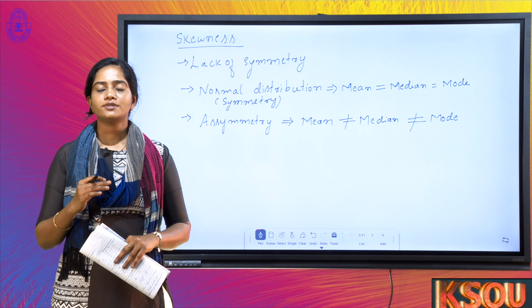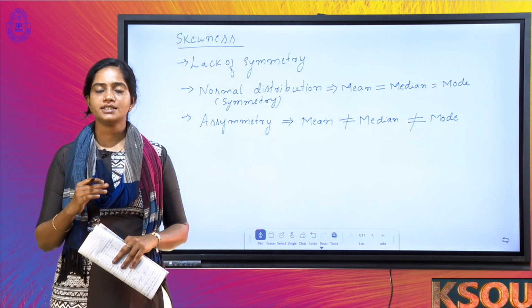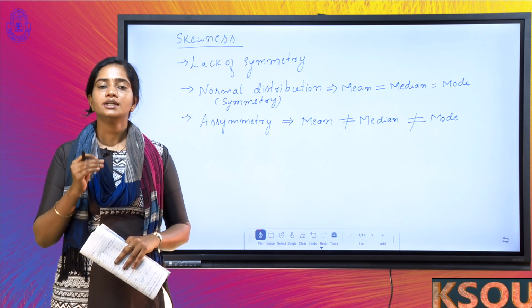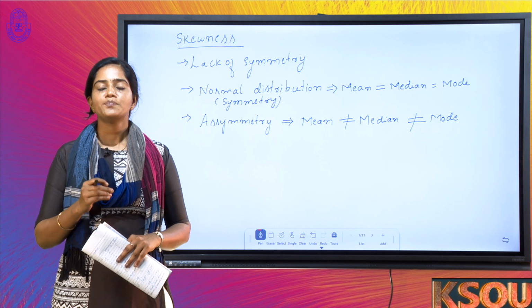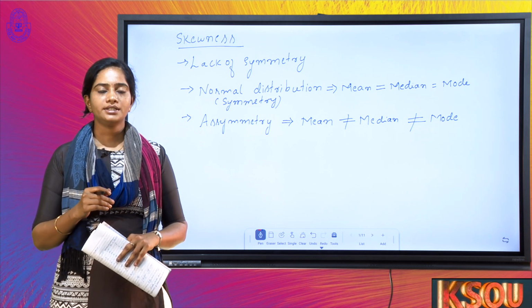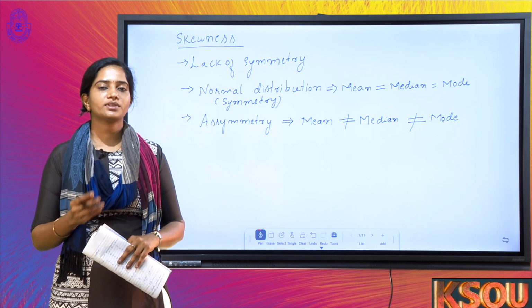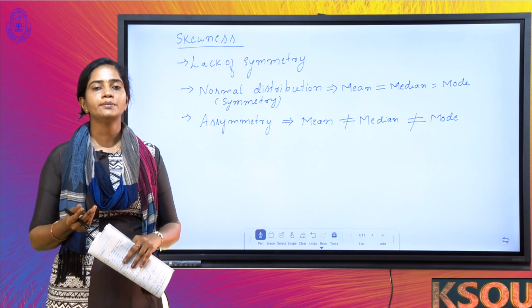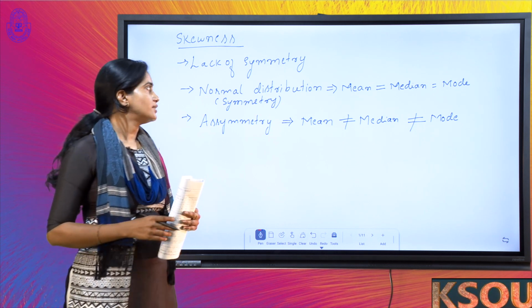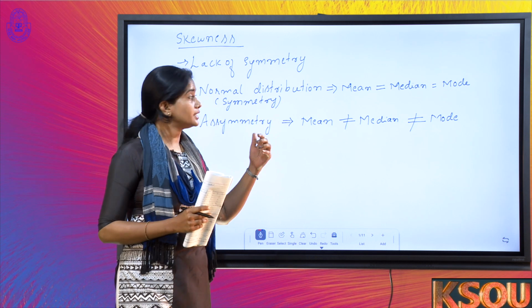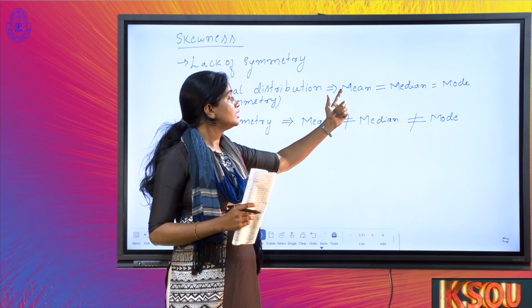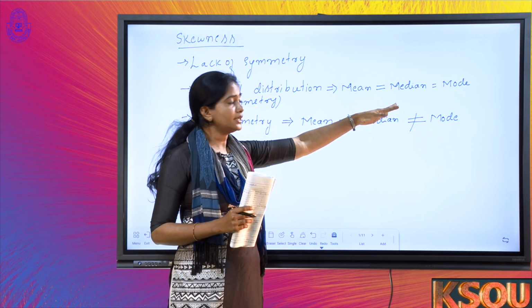See, when we take a normal distribution, mean is equal to median is equal to mode, which means all three measures of central tendency coincide in the same line. But when we talk about asymmetry, we do not have symmetry between mean, median and mode.